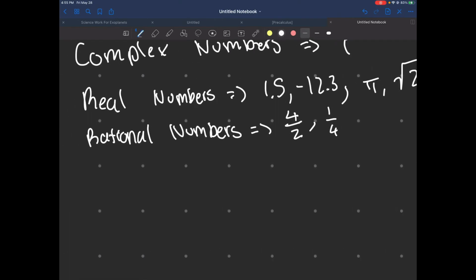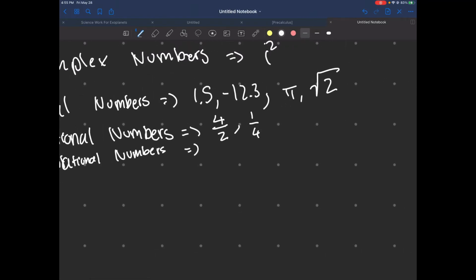Now we're going to be talking about irrational, because what if the numbers can't be seen as a fraction, like 4 over 2, 1 over 4? Obviously, those are in a fraction. To think about irrational numbers, we're going to have to think about a very complex thing.